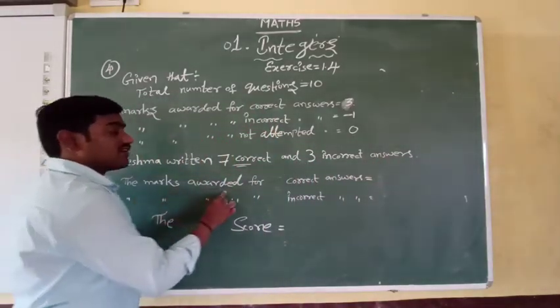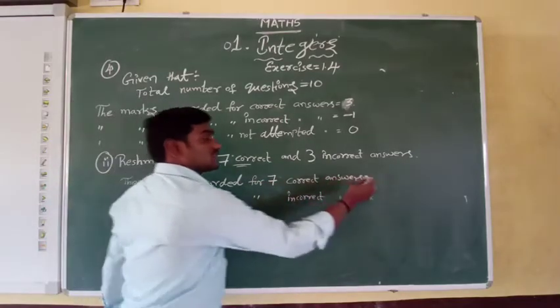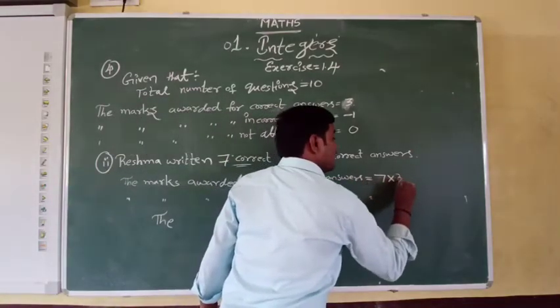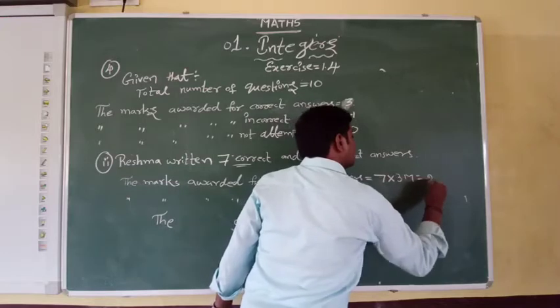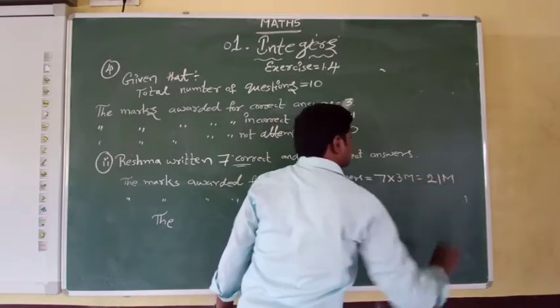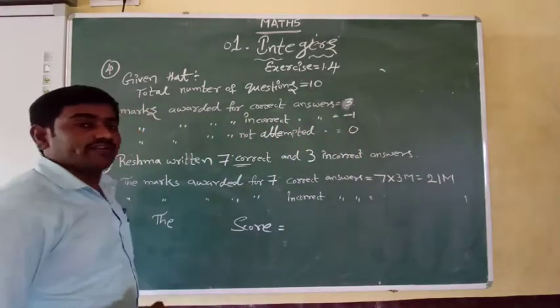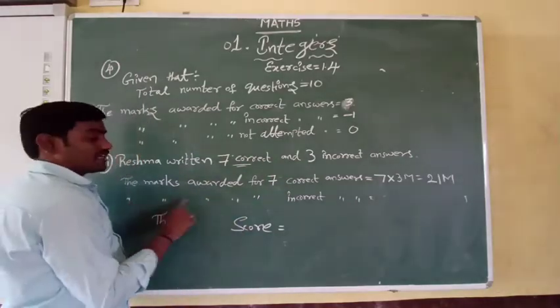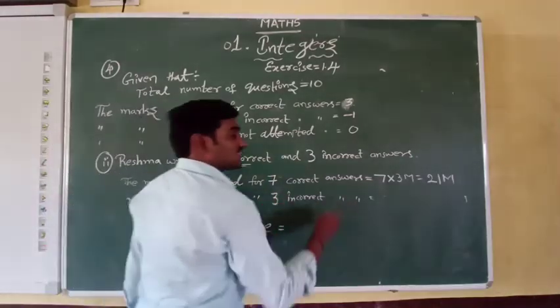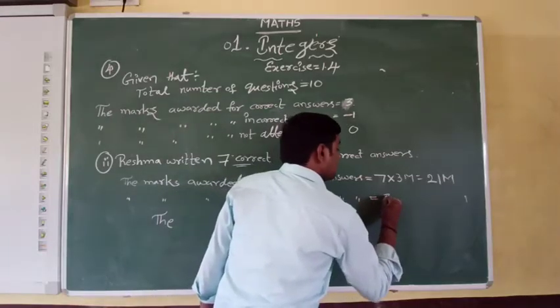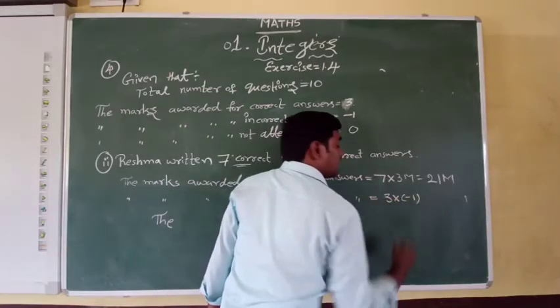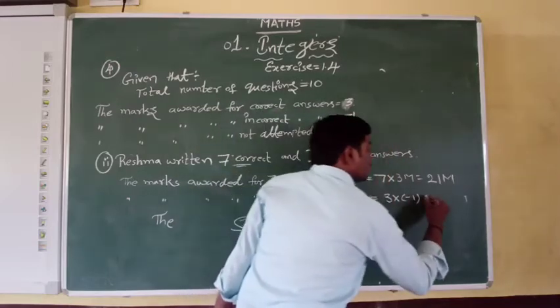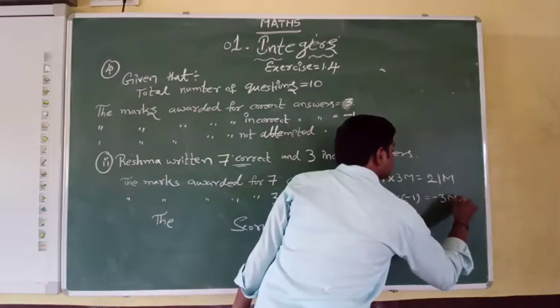So the marks awarded for 7 correct answers equal to 7 into 3 marks, that equals 7 3s are 21 marks. Actually Reshma should get 21 marks, but she has also written 3 incorrect answers. So the marks awarded for 3 incorrect answers equal to 3 into minus 1 mark for every incorrect answer. So that equals minus 3 marks.